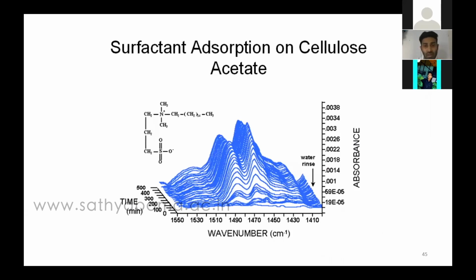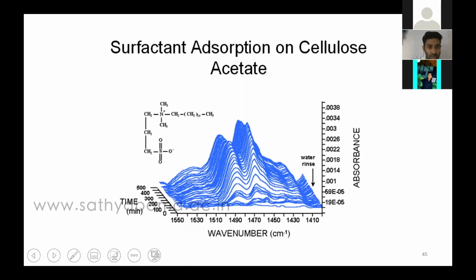If you look into this particular graph, at the 0th minute there is no actual change. The reaction hasn't started, so that's the reason there is no peak at the 0th minute. As time goes and the reaction proceeds, you see a difference in the peak shift. You can see a gradual increase in the peak intensity, and these particular groups can tell you which groups are involved in the conversion of the adsorption of cellulose acetate.